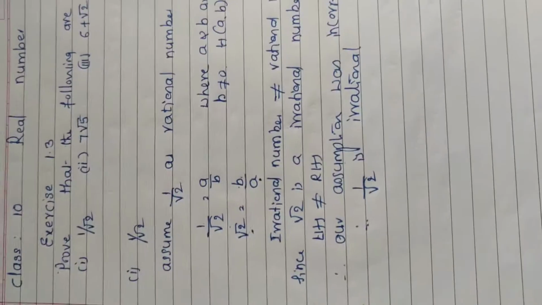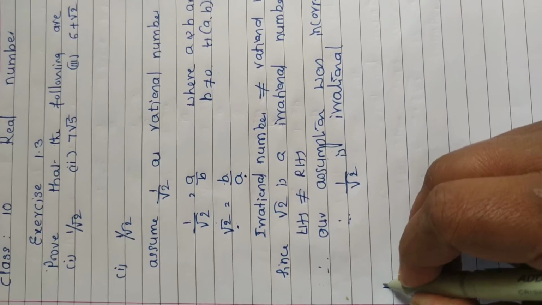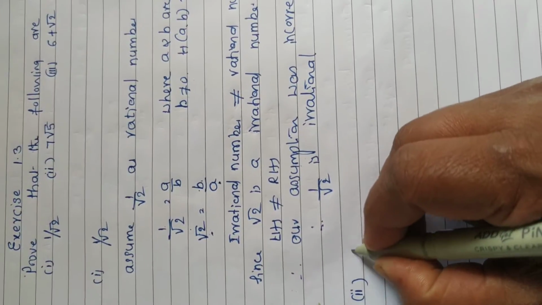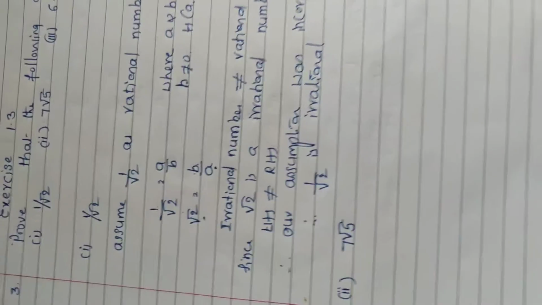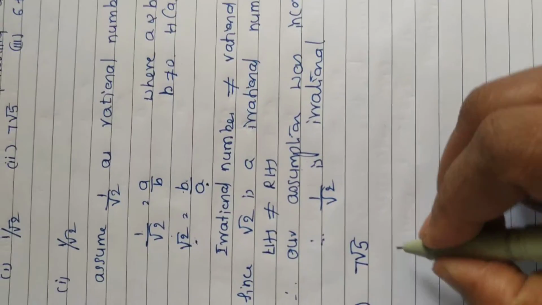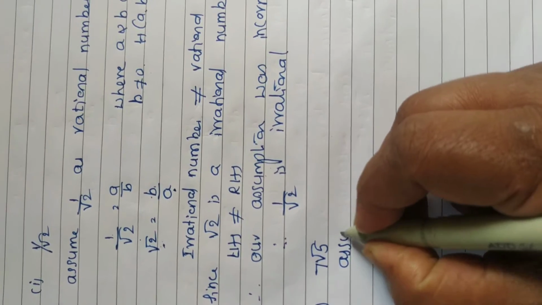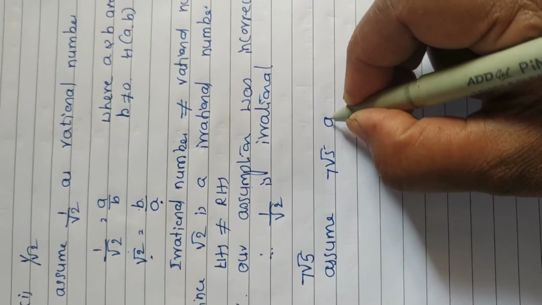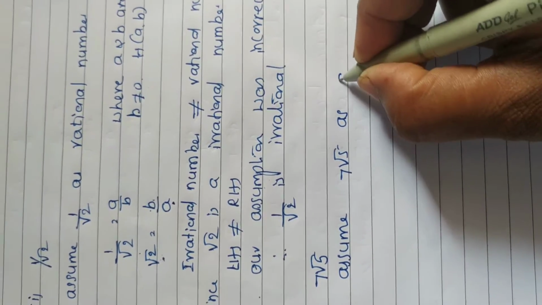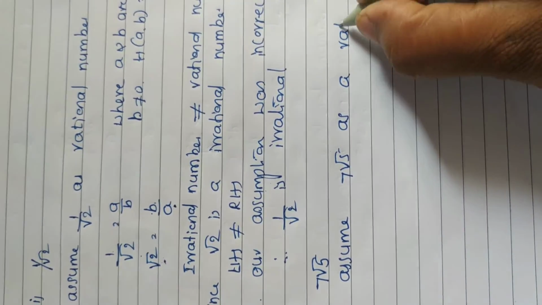So let us take another example. Example number 2. We have to prove 7 root 5 is irrational. Similarly, here also assume 7 root 5 is a rational number.